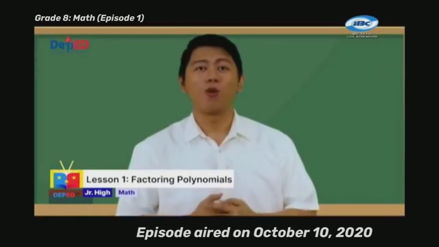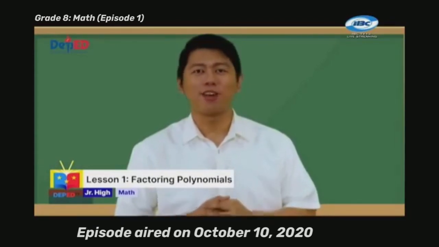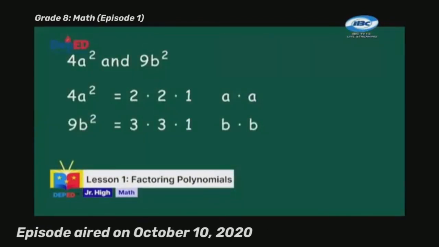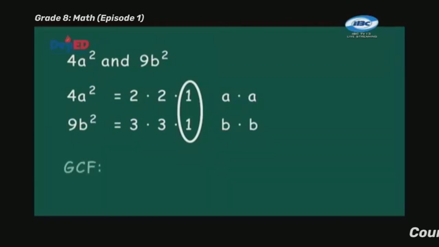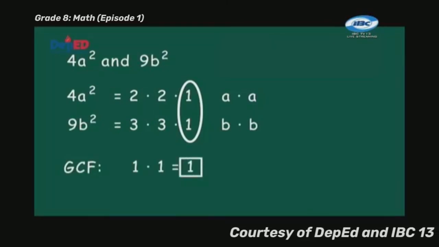But remember that 1 is a factor of any number. Hence, the greatest common factor of 4 and 9 is 1. Next, are there any common factors for the literal coefficients, a squared and b squared? Since the expressions do not have common variables, we can conclude that 1 is the greatest common factor of the given monomials.